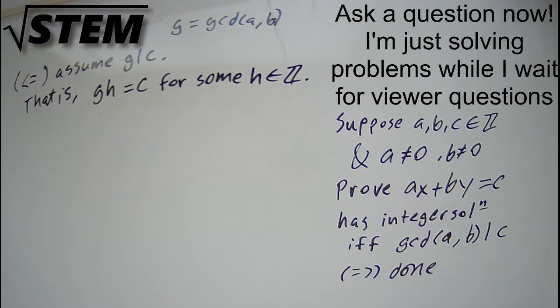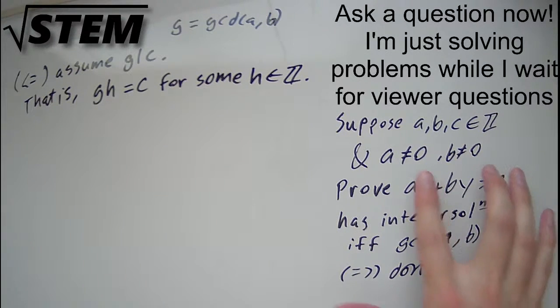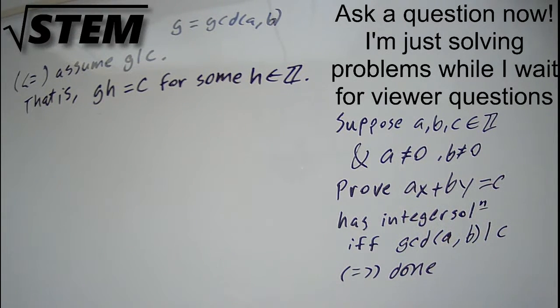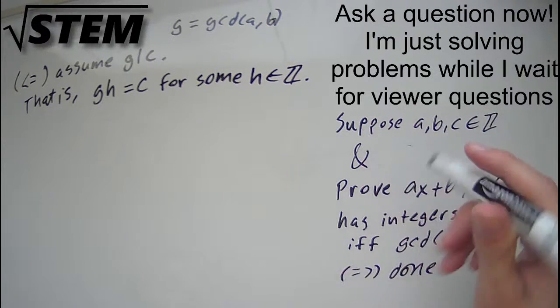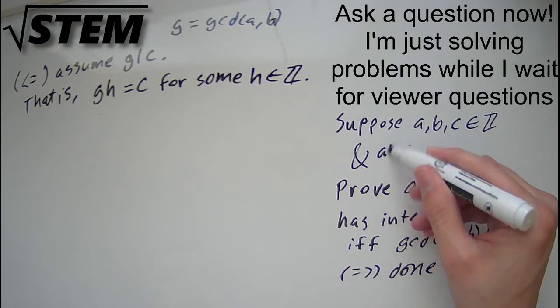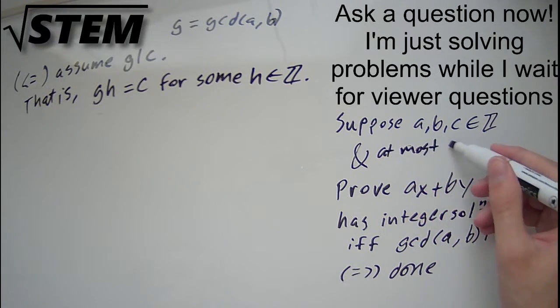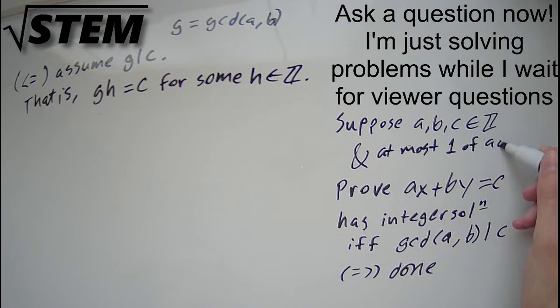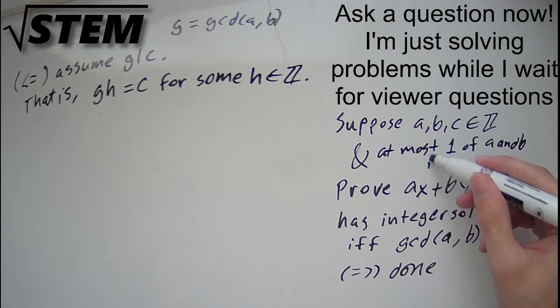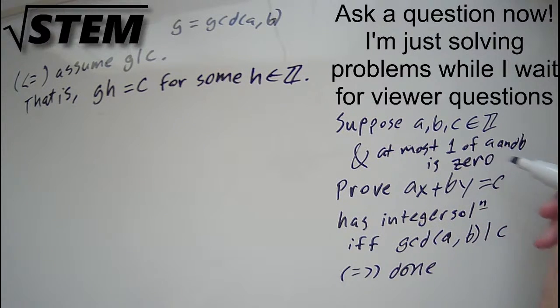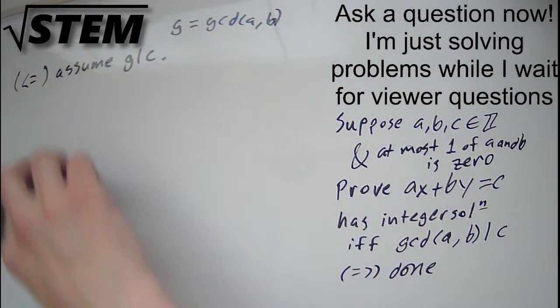Oh, I think that was... okay, it's not that these are both not 0, but at most one of a and b is 0. So if I had read that condition right from the problem statement, that would be a big indicator that yes, you're supposed to use this theorem. I don't think we actually need this either.